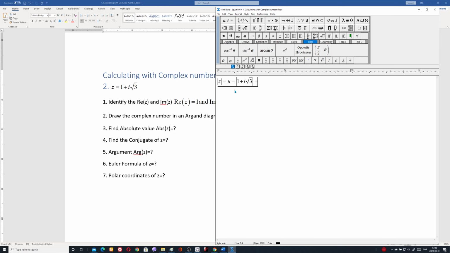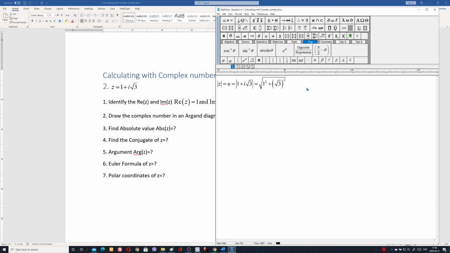When you have something like that, we write the square root of 1 squared plus square root of 3 squared.